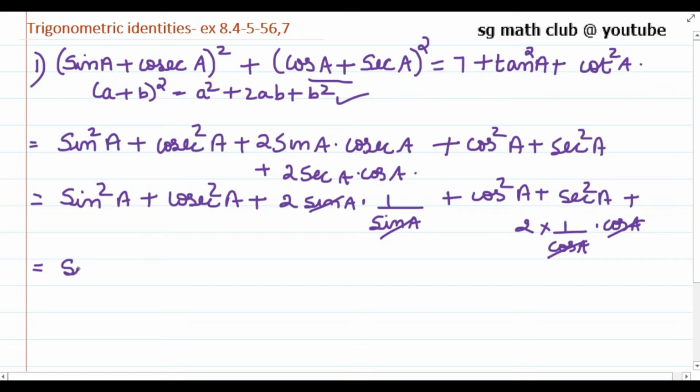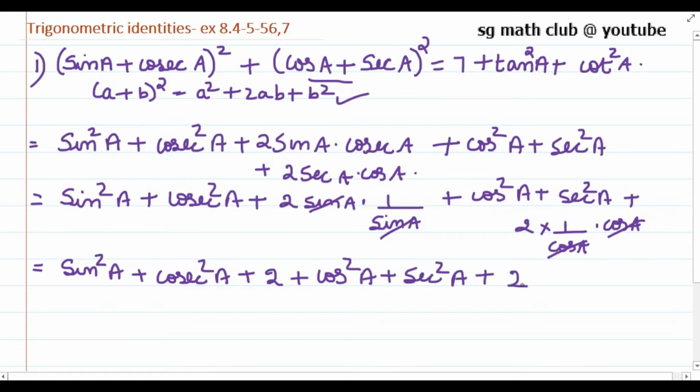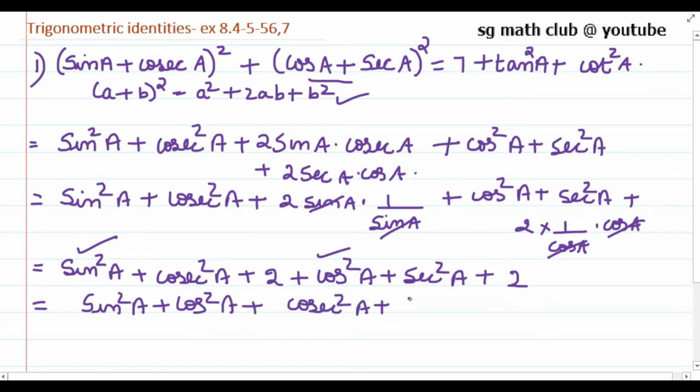So we have sin square A plus cosec square A plus 2 plus cos square A plus sec square A plus 2. Again I am going to write sin square A plus cos square A together. So I have sin square A plus cos square A plus the remaining cosec square A plus sec square A, and this 2 plus 2 is 4.